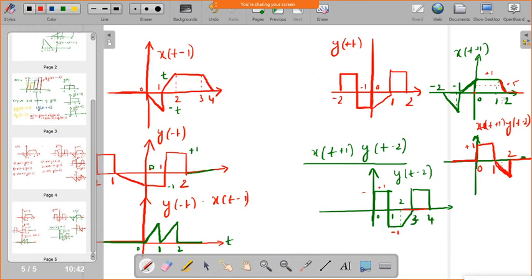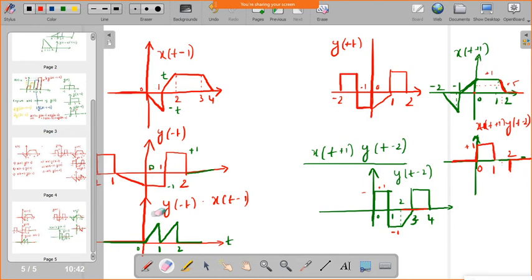So if you take the value at plus 1, here x of t plus 1 is plus 1, but at y of t minus 2 it is minus 1. So we need to multiply these two at this point also. Here somehow we got the wrong one.